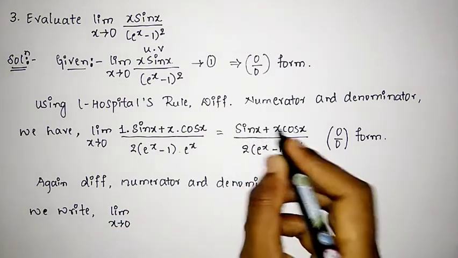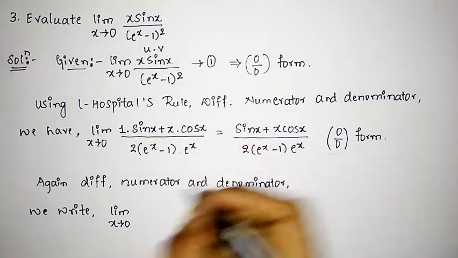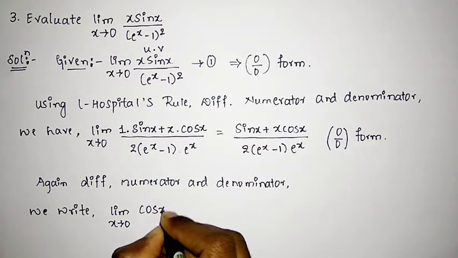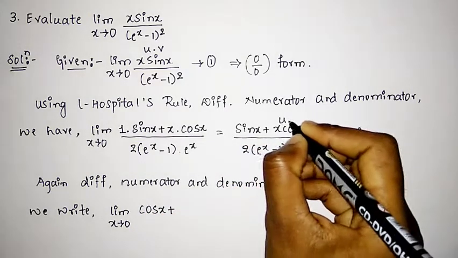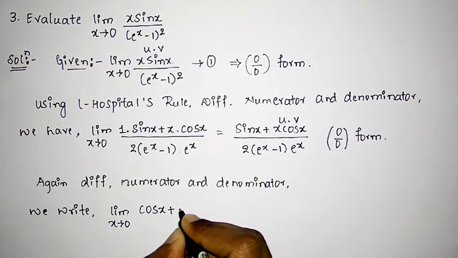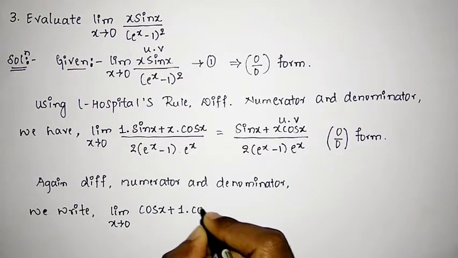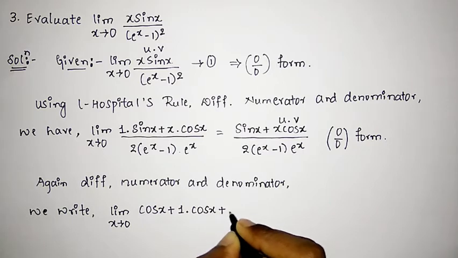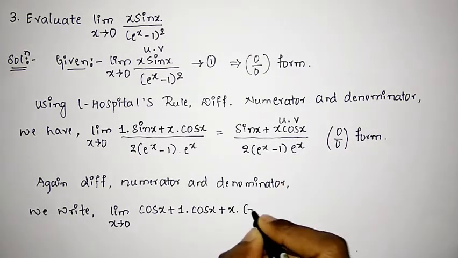We need to differentiate this. So differentiation of sin x is cos x plus. So again this is of the form u into v. So differentiation of x is 1 into keeping cos x as it is plus x into differentiation of cos x is minus sin x.